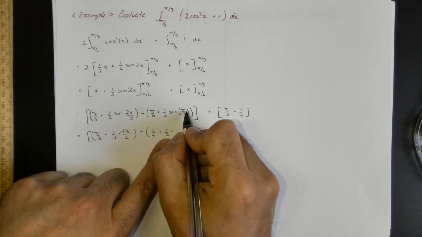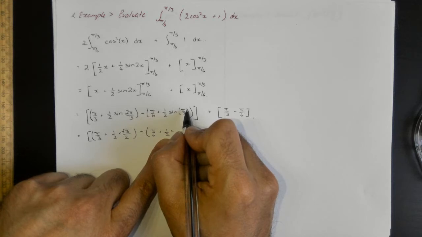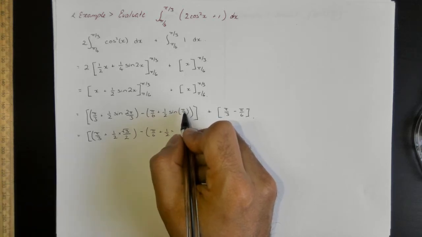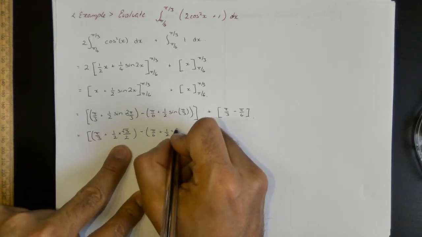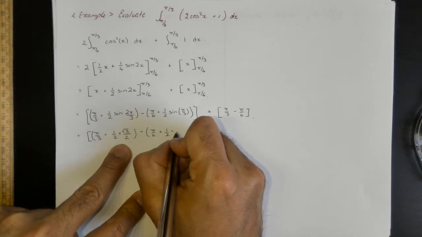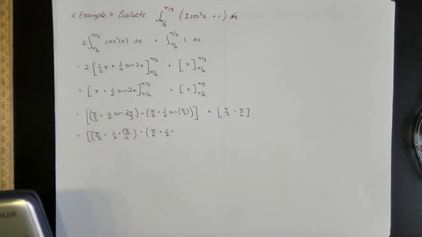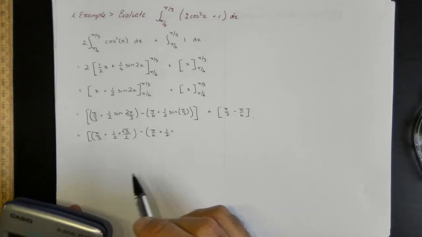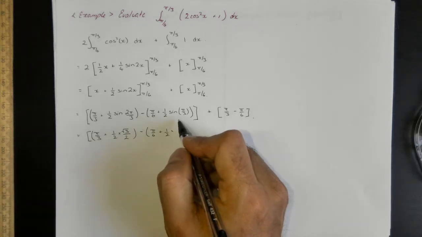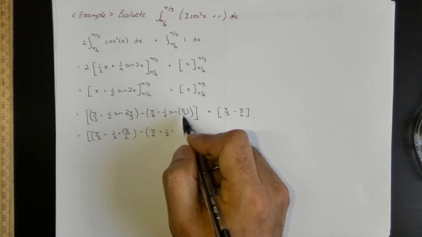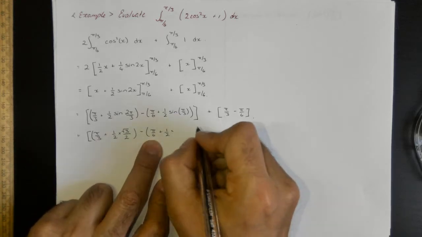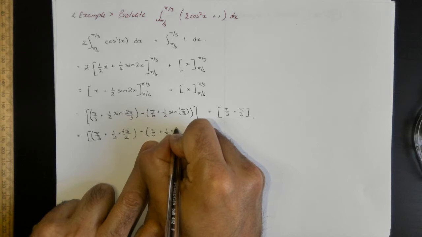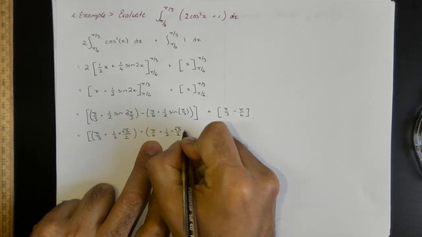Sine of pi on 3 is another 60, sorry, and sine of 60 is root 3 on 2.